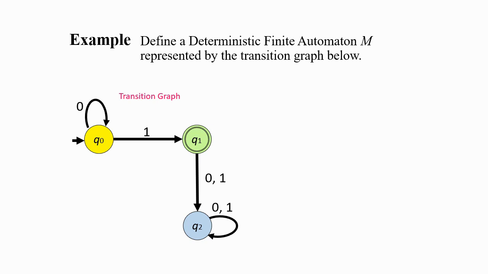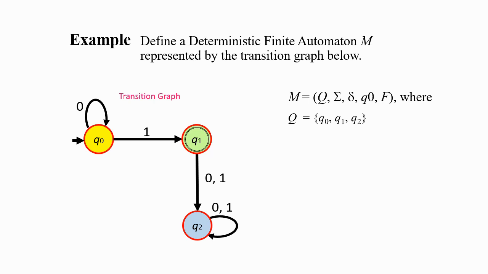Now example 2. Define a deterministic finite acceptor or finite automaton M represented by the transition graph below. So this is the transition graph. Now we have to define the automaton by the 5-tuple Q, sigma, delta, Q0, and F. So here we have the vertices Q0, Q1, and Q2.